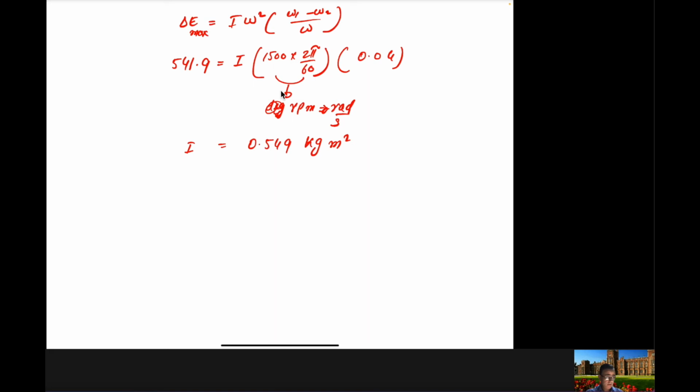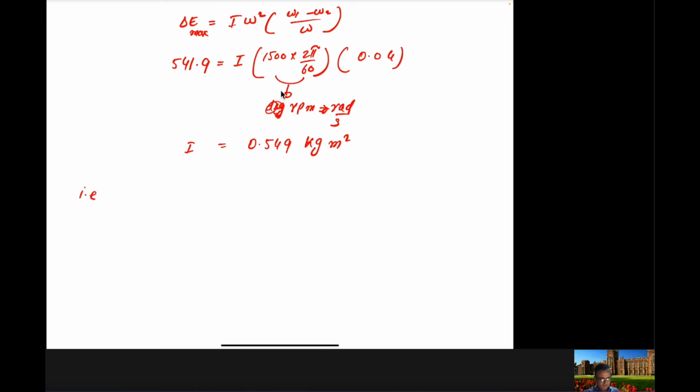So this means that if you want to control the speed to be within plus minus 2% at the engine speed, we need a crank shaft and flywheel with the total inertia of this 0.549 kilogram meter square.